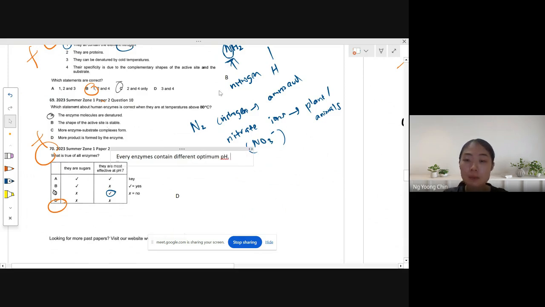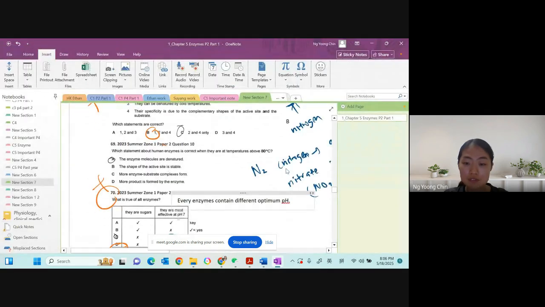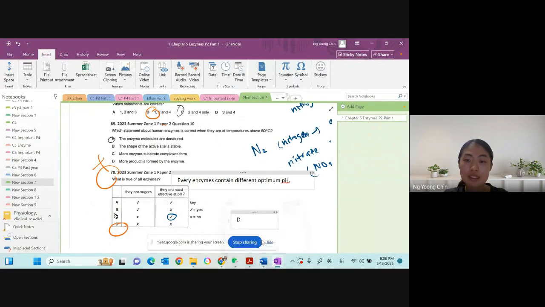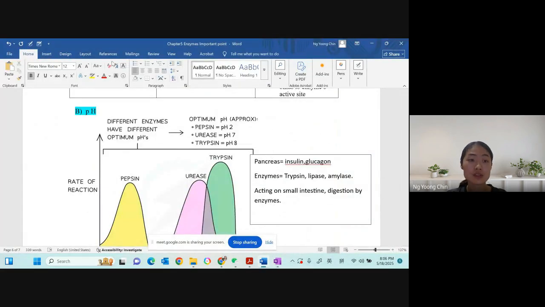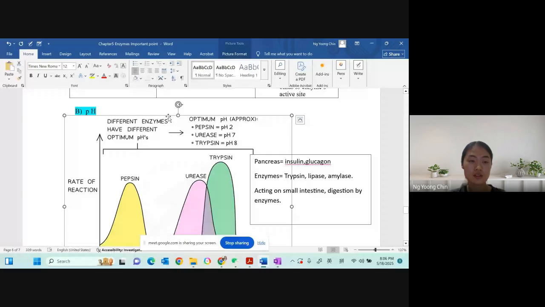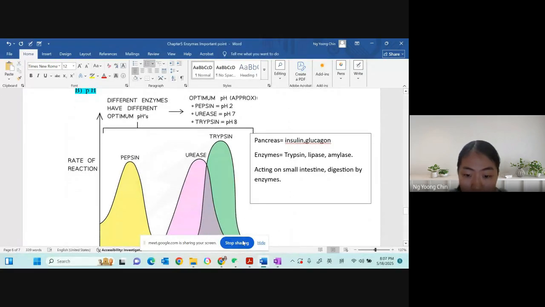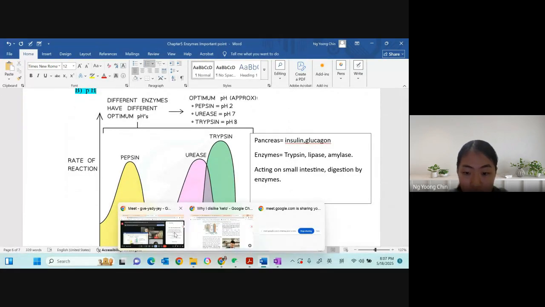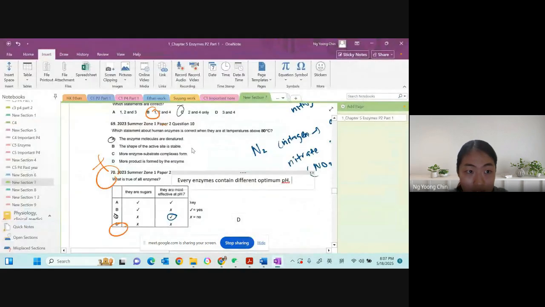You can refer to this graph from before. I didn't show the screen, right? Sorry. Let me show you the graph again.